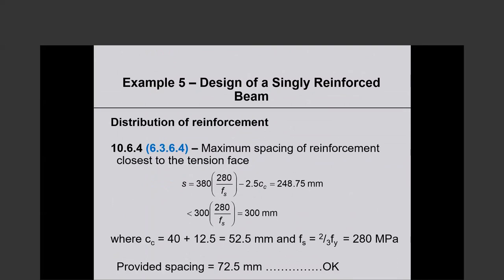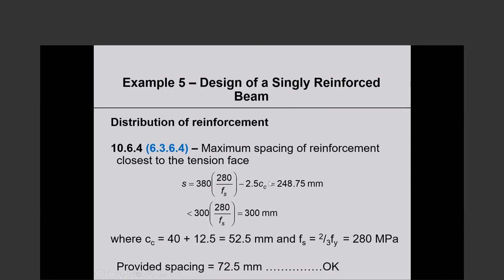Then remember the maximum spacing of the extreme tension reinforcement. The maximum spacing is 248.75 millimeter, except that it has to be less than 300 millimeters.